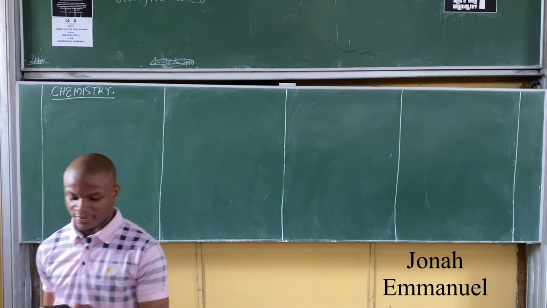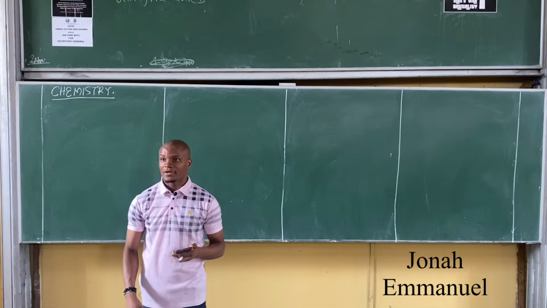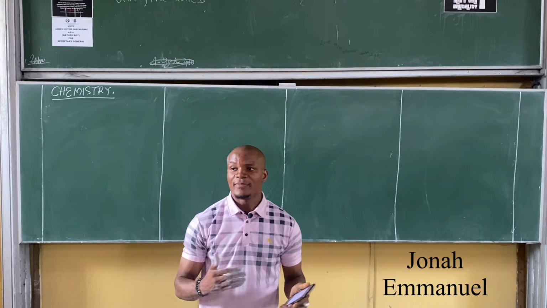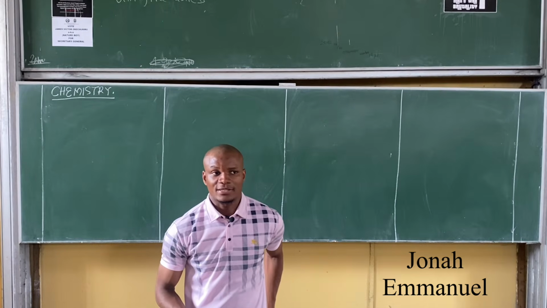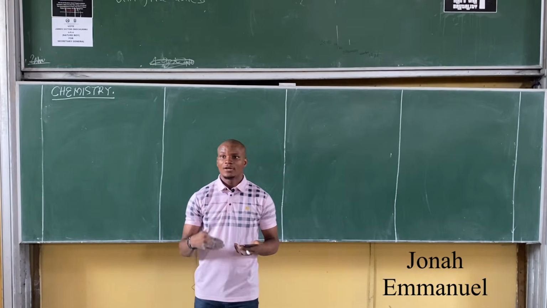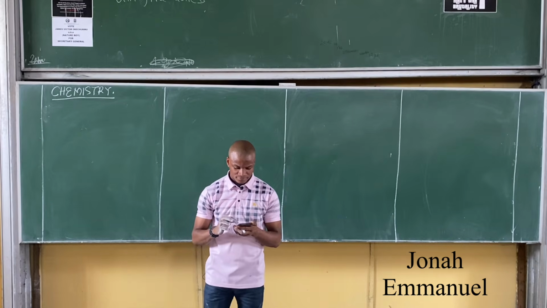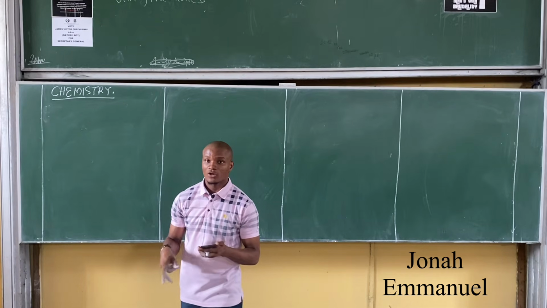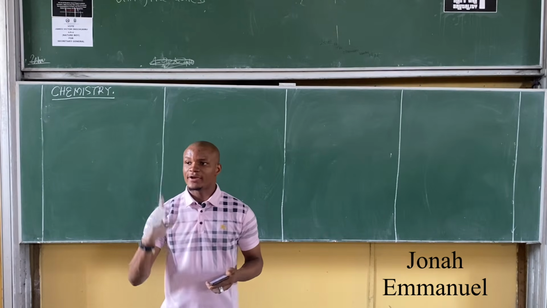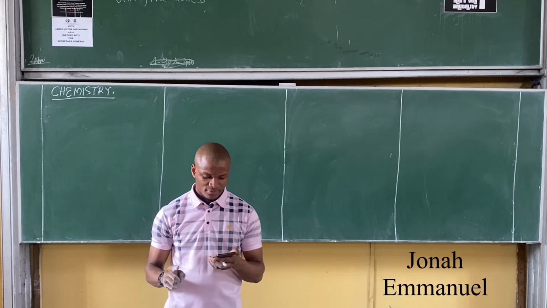Alright. Note please, at STP, pressure is 760 millimeters mercury. I mentioned this in last class. At STP, pressure is 760 millimeters mercury, temperature is 273 Kelvin.